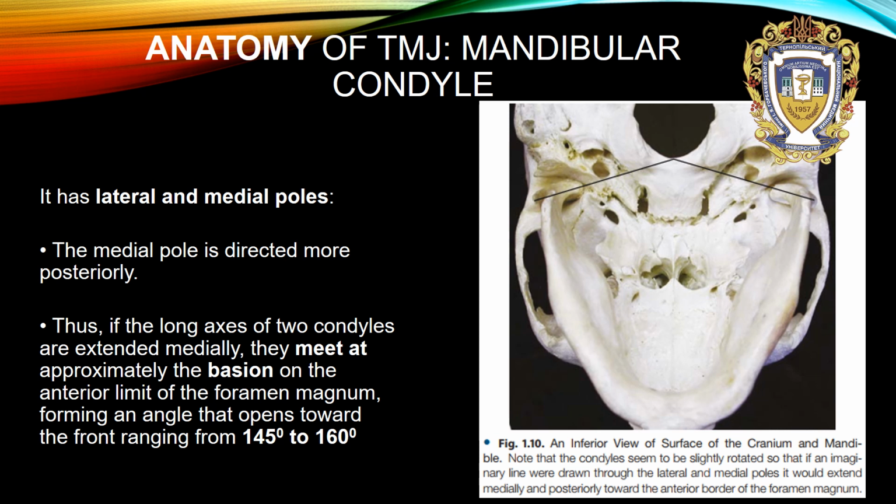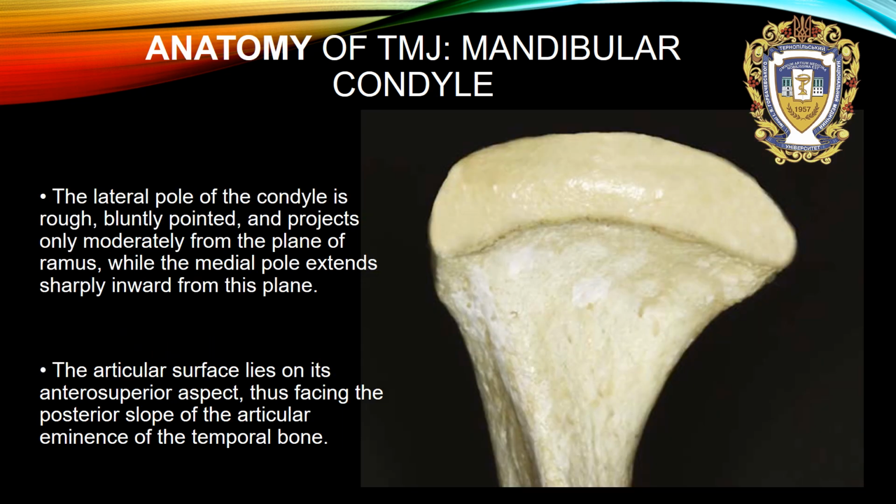Thus, if the long axes of the two condyles are extended medially, they meet at approximately the basion, on the anterior limit of the foramen magnum, forming an angle that opens toward the front, ranging from 145 to 160 degrees. The articular surface lies on its anterior superior aspect, thus facing the posterior slope of the articular eminence of the temporal bone.